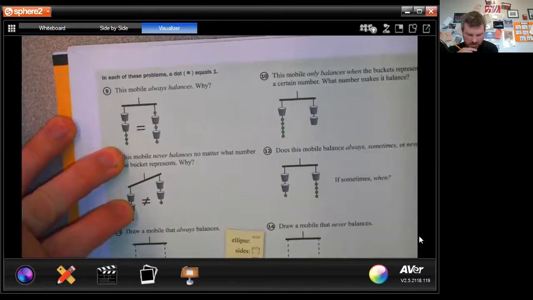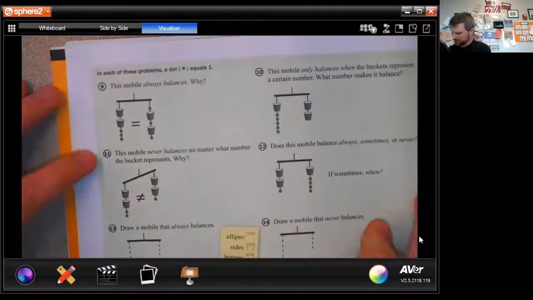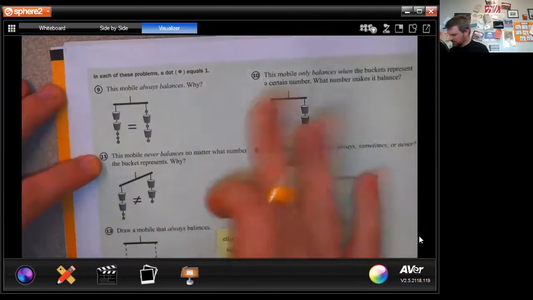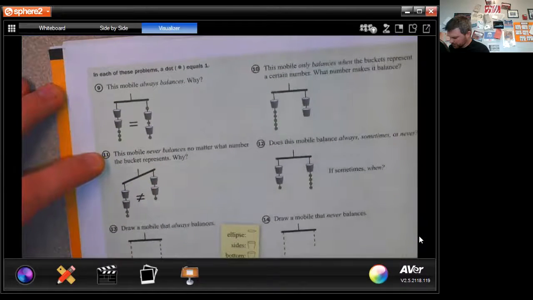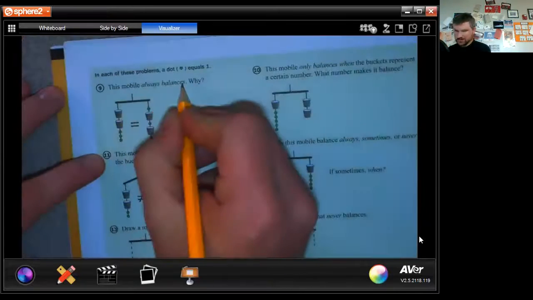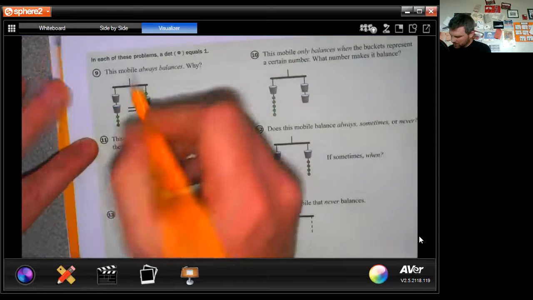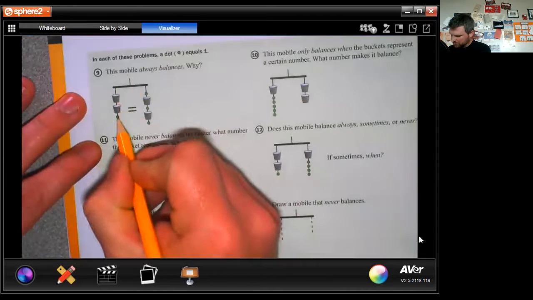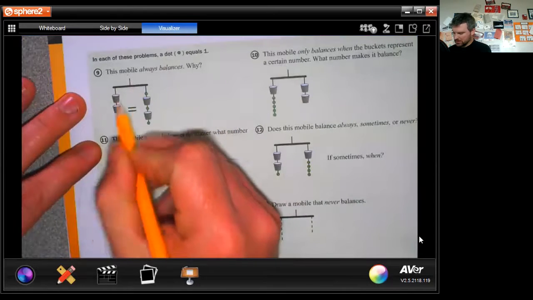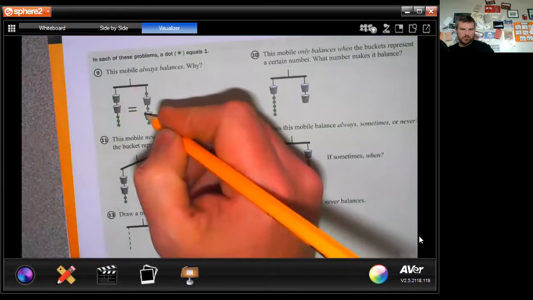So we're just using gravity here to kind of help us balance shapes and balance equations, ultimately, is what we're looking at. So I'll do some of these, and I'm going to leave some of them for you to do. So this mobile always balances, and why? Well, if we look at this side, we have 1, 2 buckets and 1, 2, 3 marbles. Does this equal that? It does.